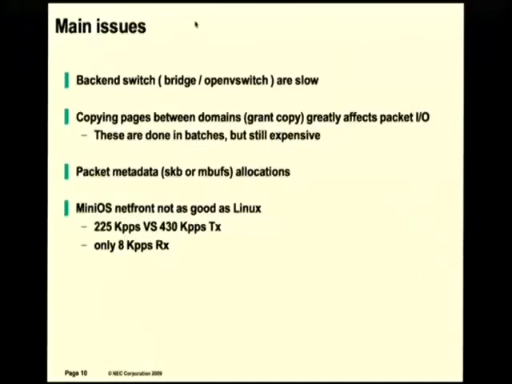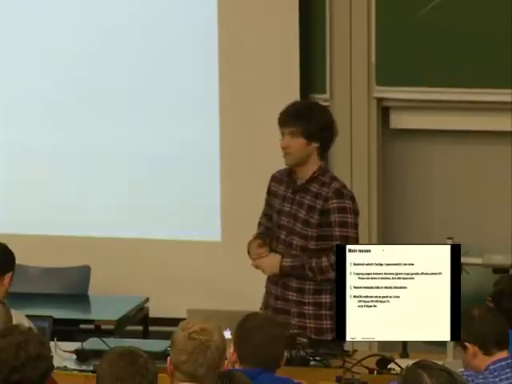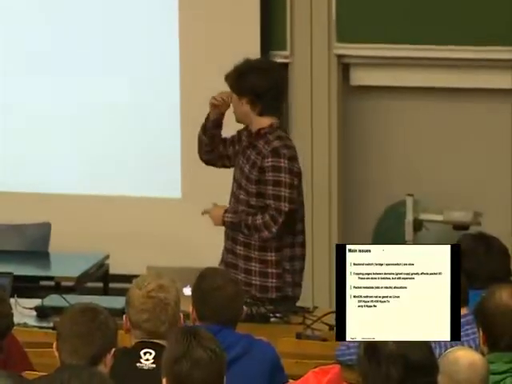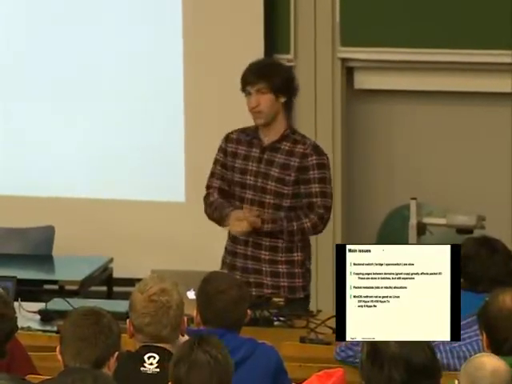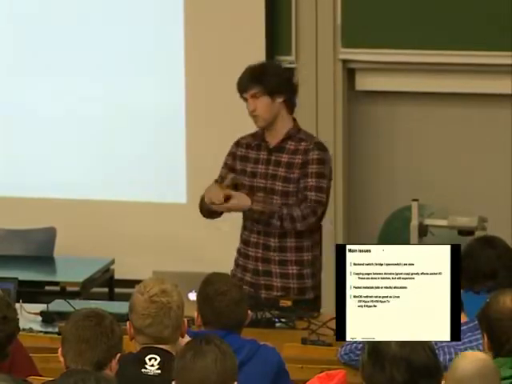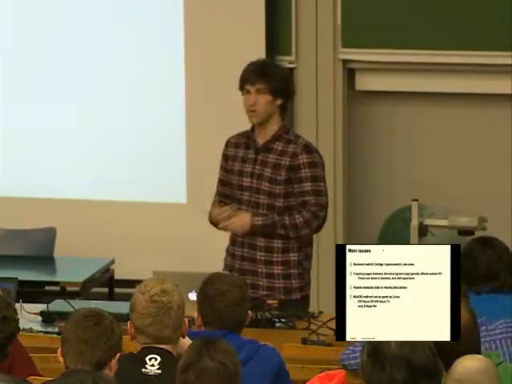So there are a lot of issues on this pipe. And first of them all is the bridge that we use. Afterwards, it relies on the Linux host stack, which drives 10 gigs, but not exactly with really high packet rates. Copying: each time you want to send a packet, you need to copy the page to the backend domain, and this copy, although it's done in batches, is really, really expensive.